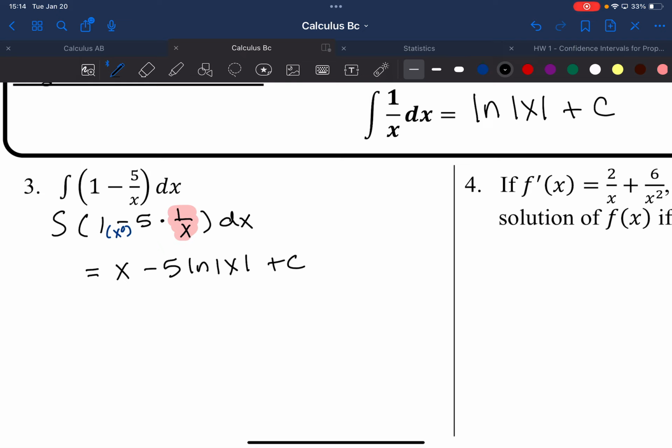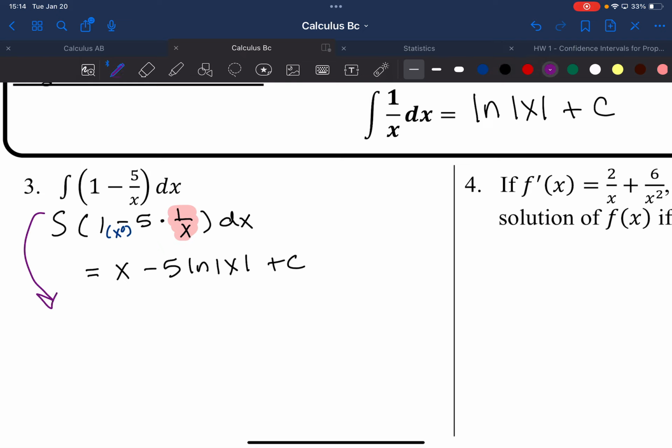Okay, so we broke it apart. The integral of 1 is x. The integral of negative 5 times 1 over x is negative 5 natural log of x plus c. If this helps, you could break this apart further.